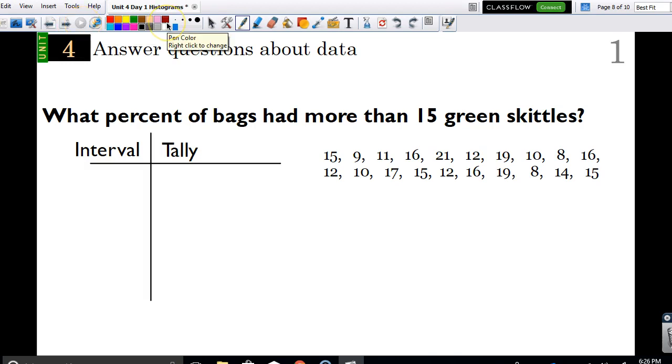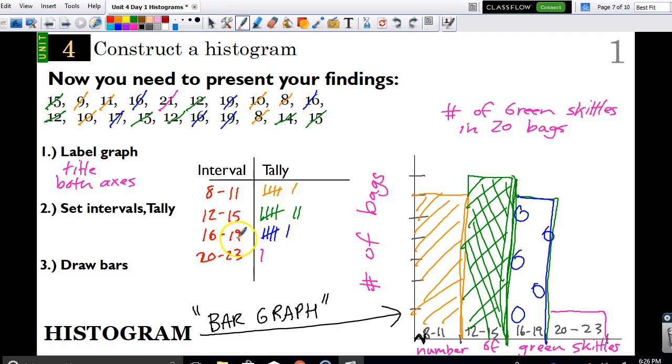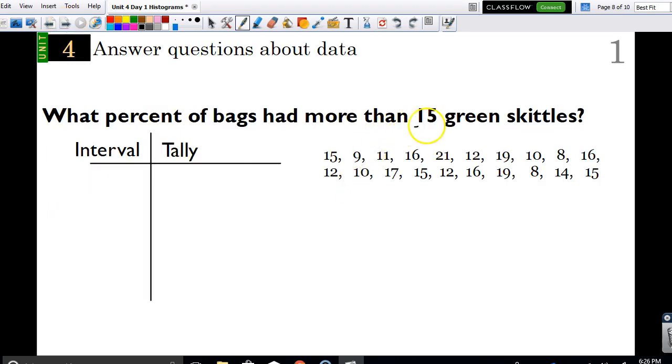Now, what percentage of bags had more than 15 green Skittles? Well, there were 20 bags, and more than 15 would be this, 6 plus 1. Those are all the ones that are bigger than 15. There were 7 bags that had more than 15 green Skittles.